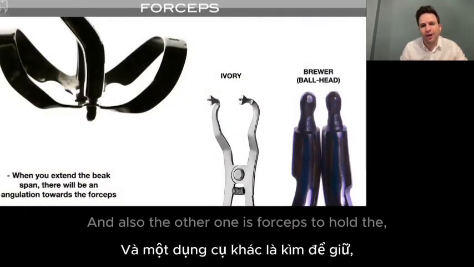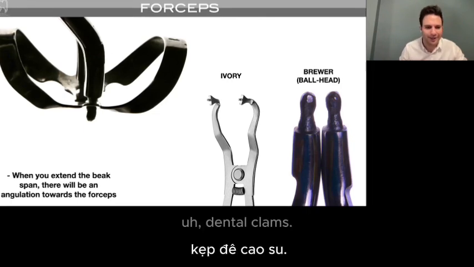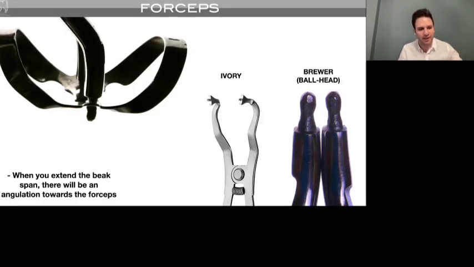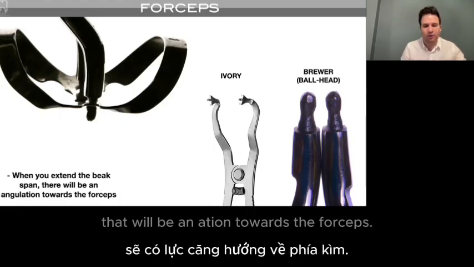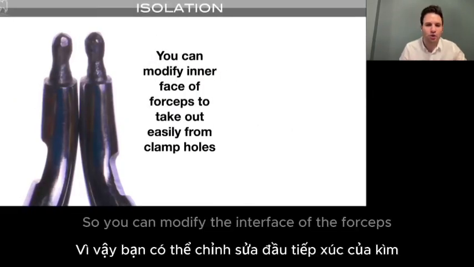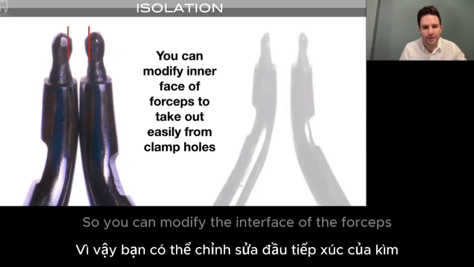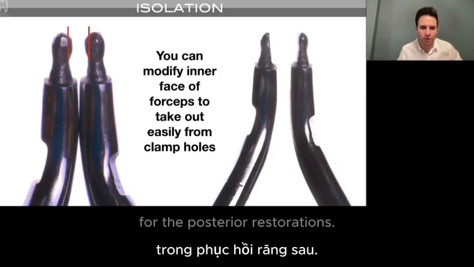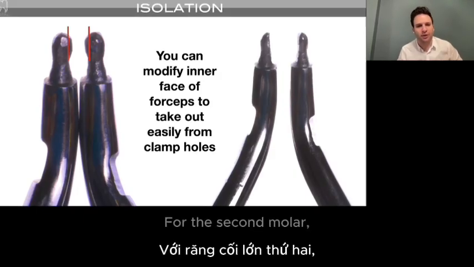The other one is forceps to hold the dental clamps. The problem is sometimes, when you extend the beak span, there will be an angulation towards the forceps. So you can modify the interface of the forceps to take it out easily from the clamp holes, especially for posterior restorations on the second molar.